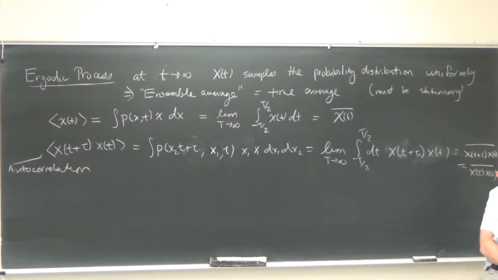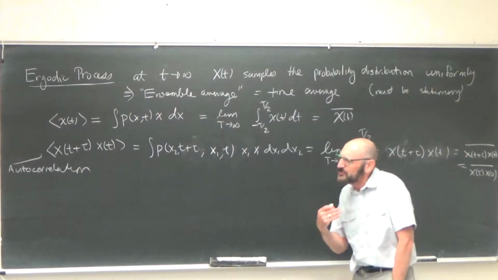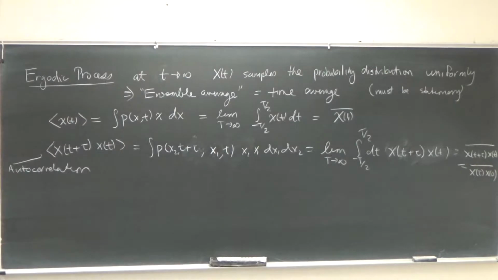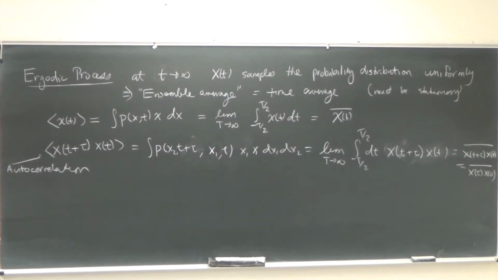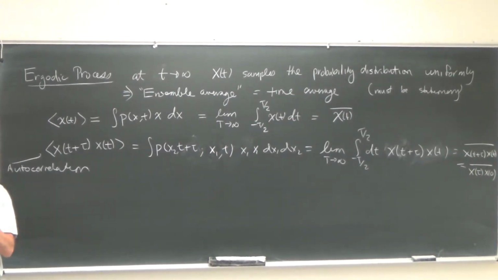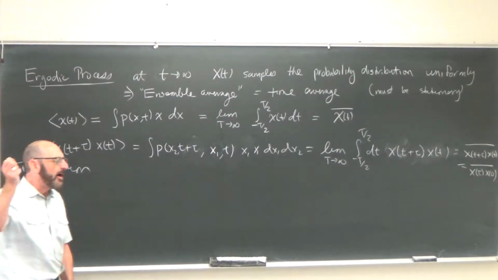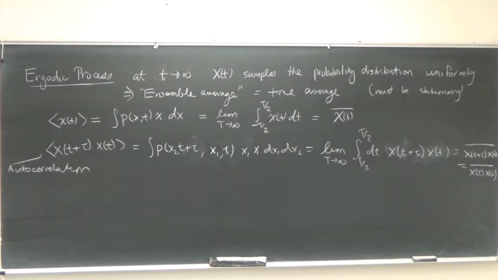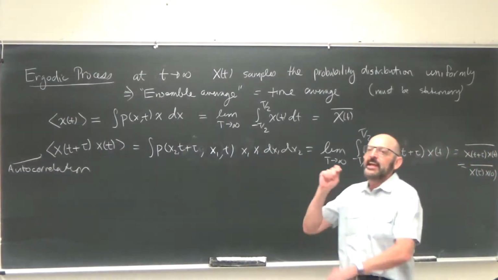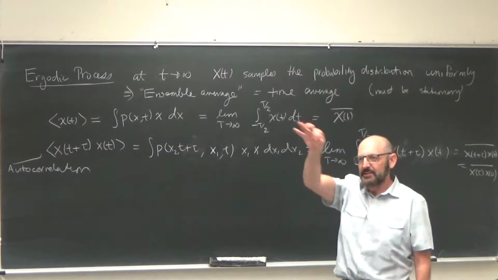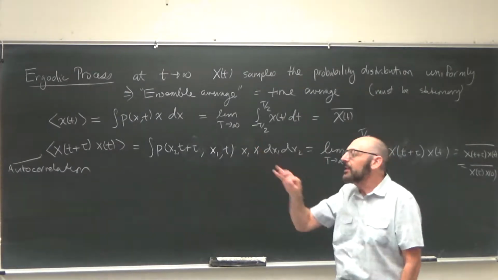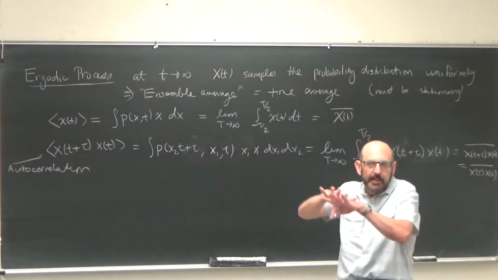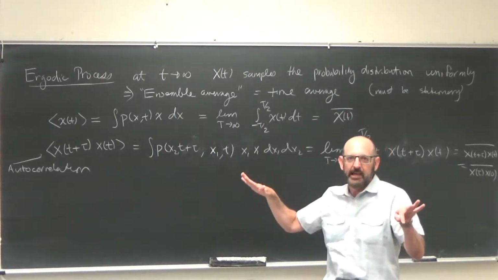Now, showing that something is ergodic physically is a hard thing. Loosely speaking, systems that are chaotic, right? If you think about motion of a particle and its coordinates in phase space, if it moves over phase space in a completely random, chaotic way, then that's one way we can approximate ergodic.